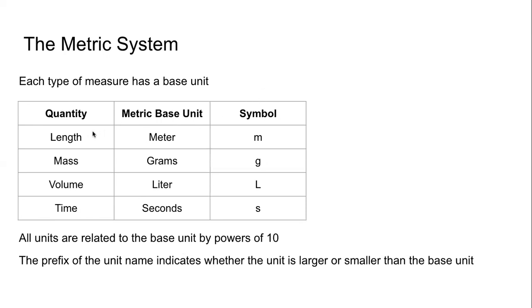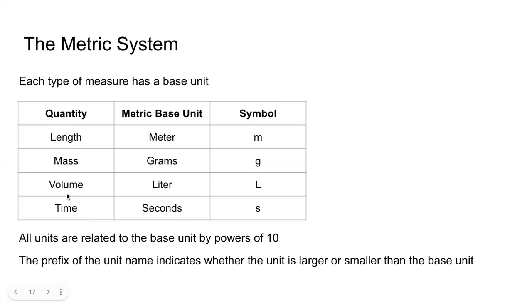So when we want to describe the length of something or how long a piece of matter is, the base unit is a meter. If we want to say how much mass an object has, that gets measured in grams. When we talk about volume or how much space matter takes up, that will be described as liters.